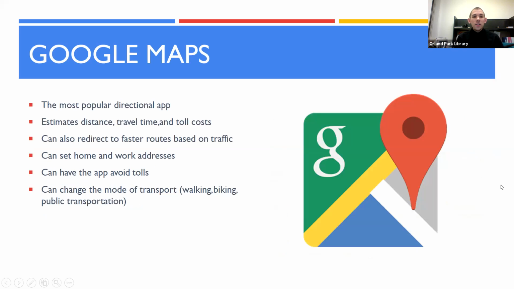Next is Google Maps. It is currently the most popular directional app. It estimates distance, travel time, and toll costs, which is pretty helpful. So every time you set a destination, for instance, if you start from your house and go to another state, you can see the time it takes to get from point A to point B, and it gives you the total distance in miles.